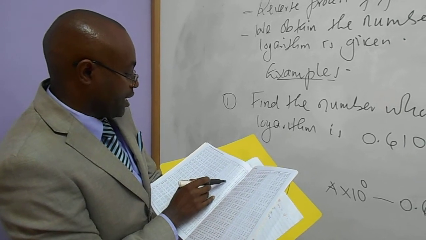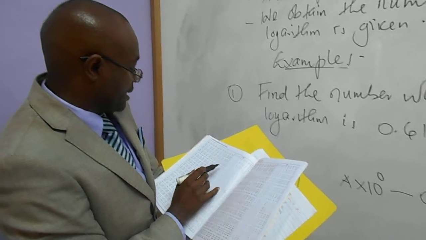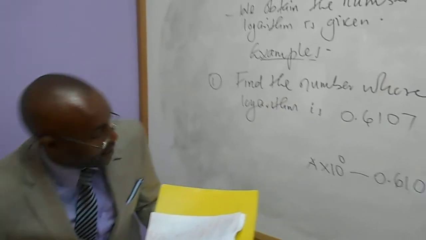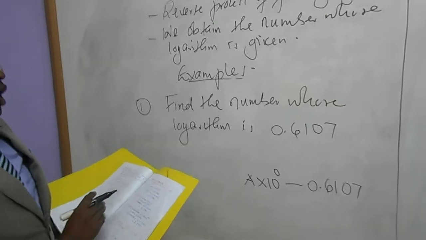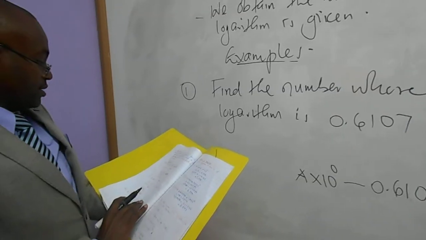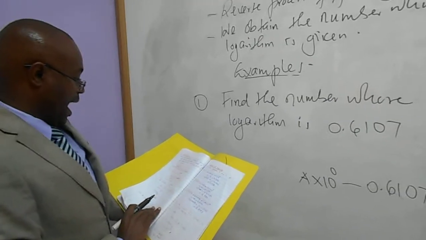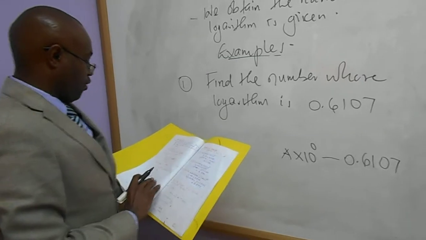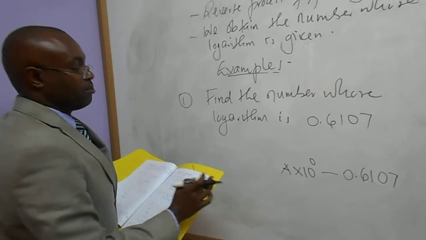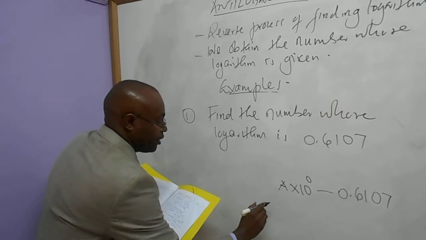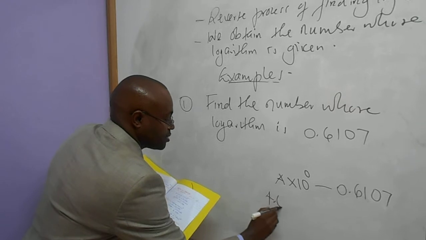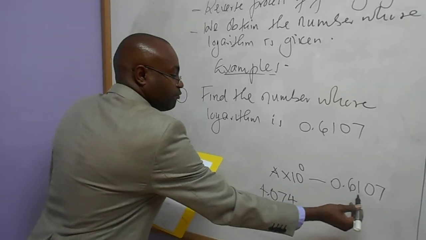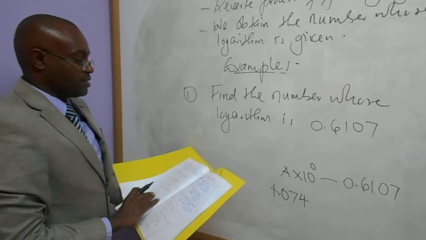Moving to the right up to where 7 is, then adding that digit to what you have, then you'll be able to get the antilog of 0.6107 as 4.074. So meaning our A now is 4.074, because the antilog of 0.6107 is 4.074.